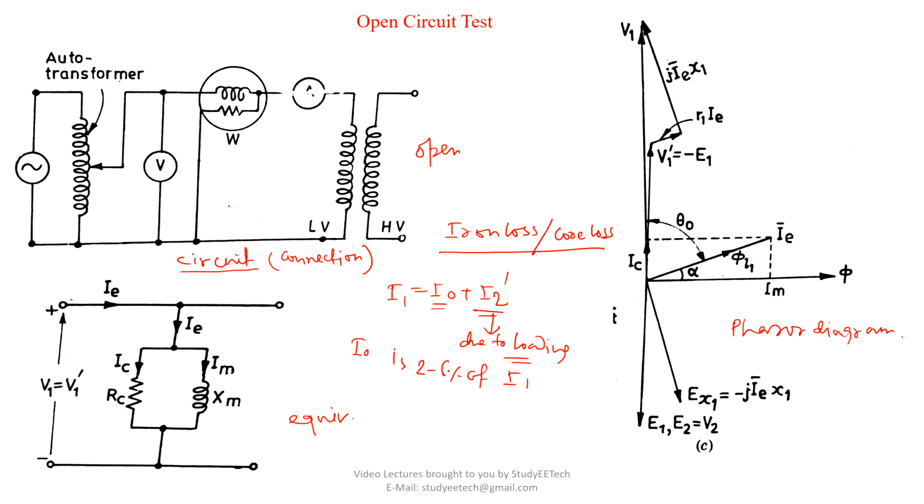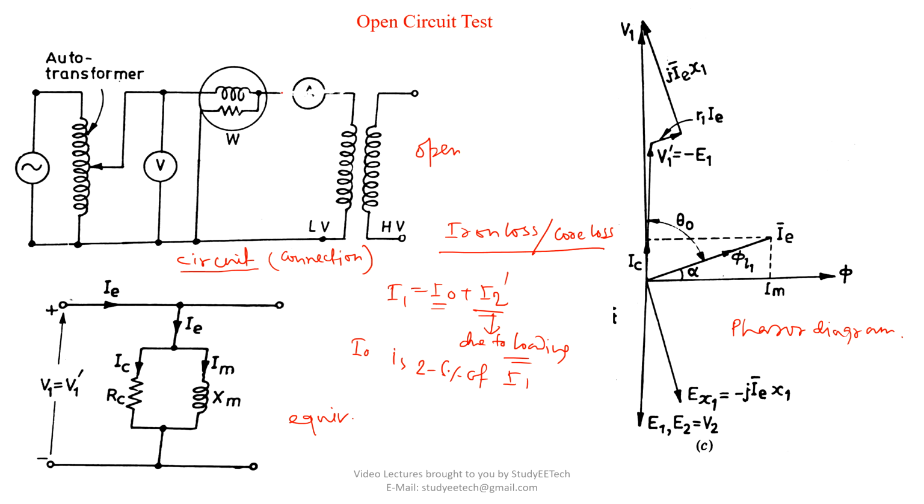But if we use the low voltage side, then it is good, because meters of low range can be used for measuring this voltage during the open circuit test. That's why we choose the low voltage side to connect this voltmeter and the other meters.